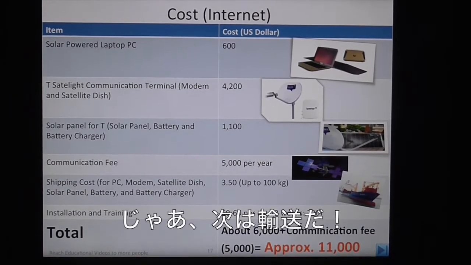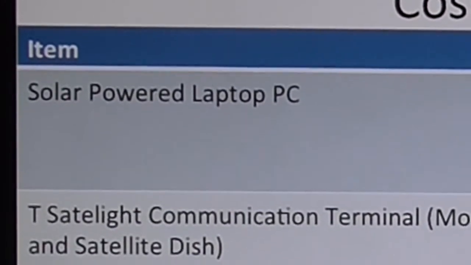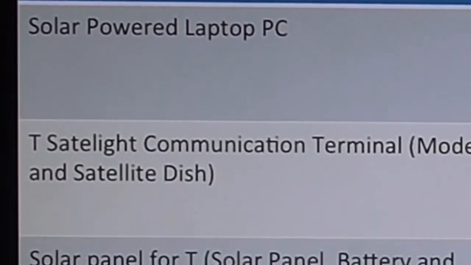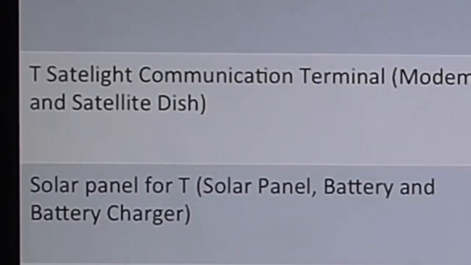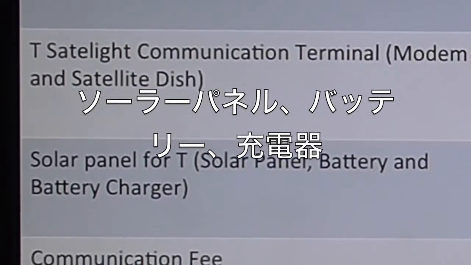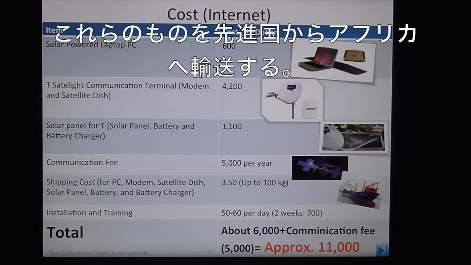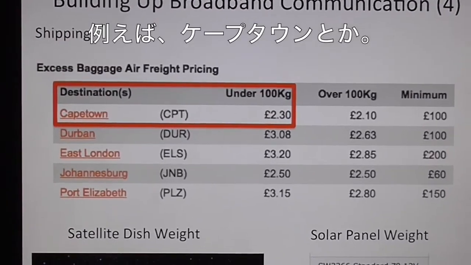Okay, shipping. What do we have to ship? Well, we have to ship the computer, the solar panel PC, the modem, satellite dish, solar panel, battery, and battery charger. We want to ship from developed countries to, in this case, Cape Town.